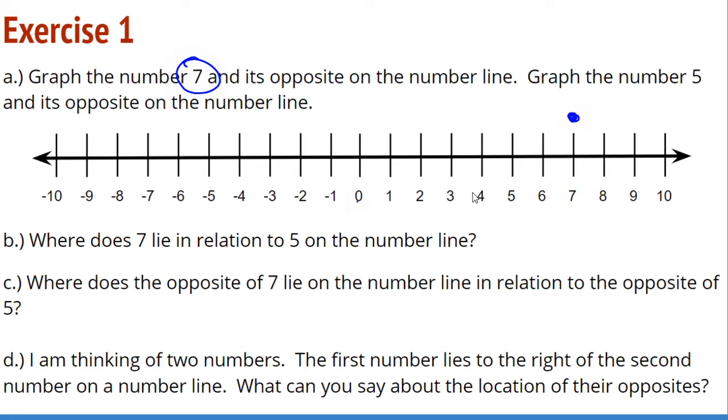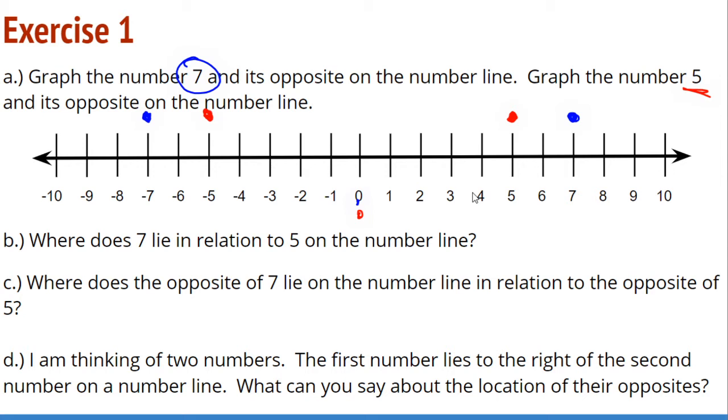Now its opposite starts at 0 and goes in the other direction 7 units, and it would end up at negative 7. Now the other number we're supposed to graph is 5, so I will start at 0, and I will go 5 units to the right, because it's a positive 5, and then its opposite is to start at 0 and go 5 to the left.